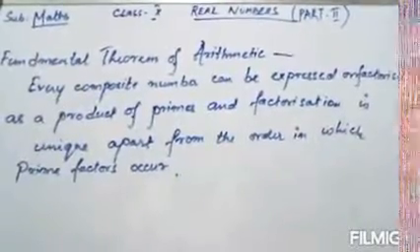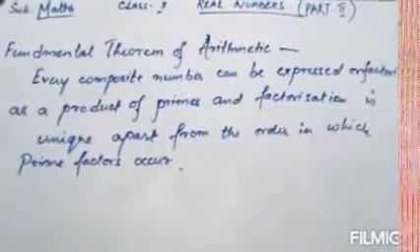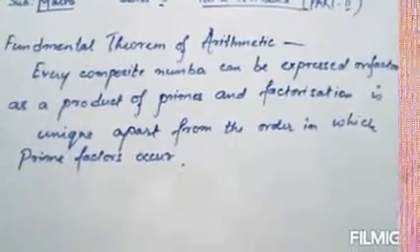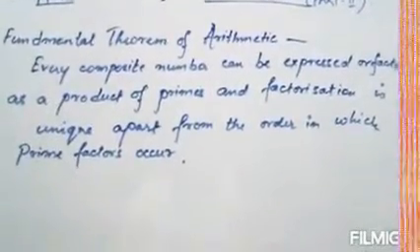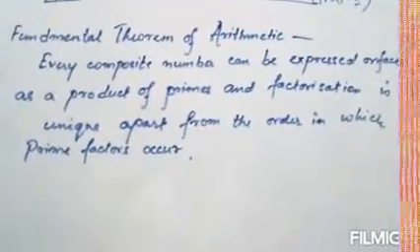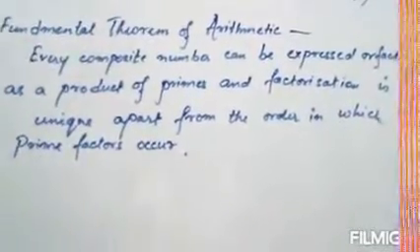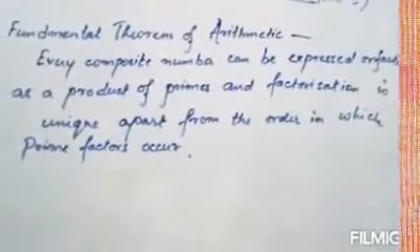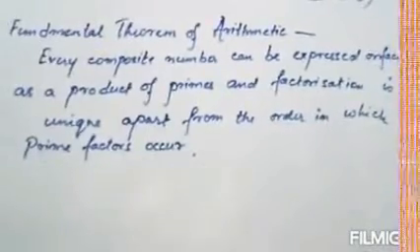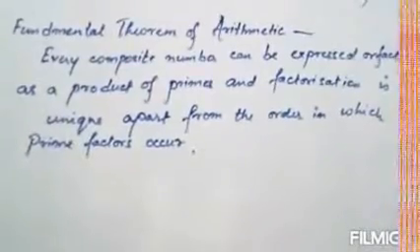So what is the fundamental theorem of arithmetic? Please note it down. Every composite number can be expressed or factorized as a product of primes, okay, prime numbers, and the factorization is unique apart from the order in which prime factors occur. Factorization means, like the way I showed you, the stepwise division method, and the occurrence of the prime numbers, like first 2 will occur or 3 will occur, after how many times 2 will again occur in the division, that is unique.